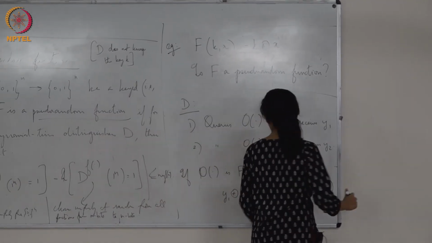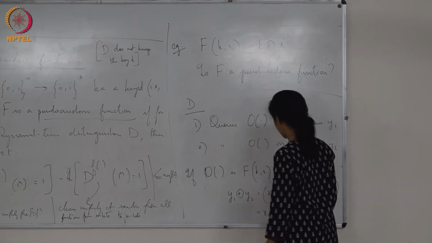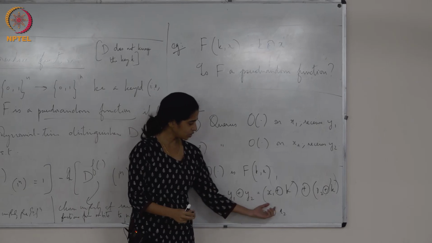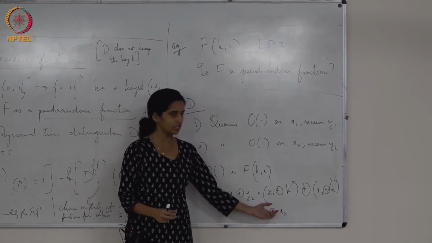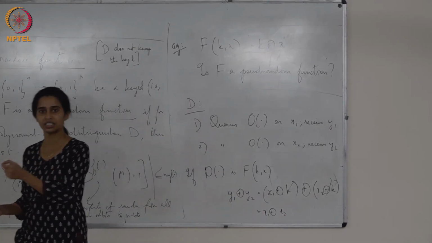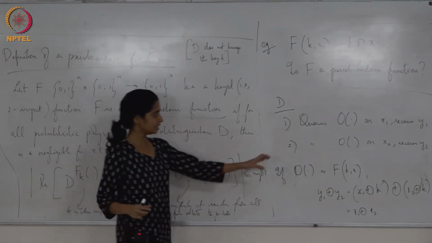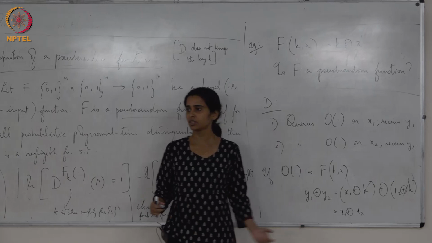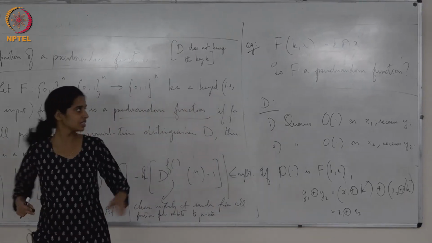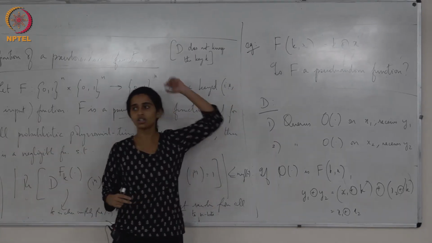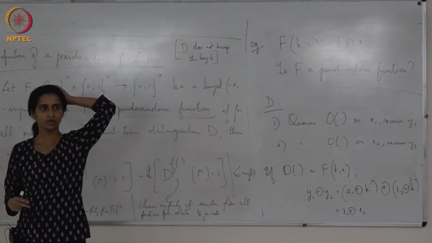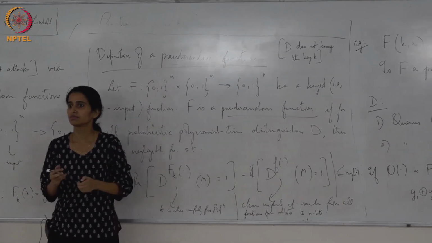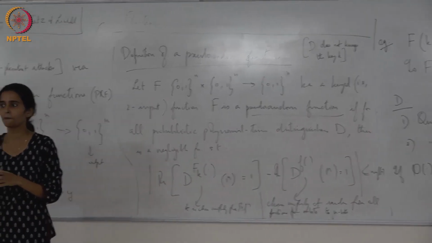So the event that y2 is exactly y1 XOR x1 XOR x2, this fixed string, will occur with probability 2 to the minus n. Whereas when O is this f, it occurs with probability 1. So this already shows us that this f is not a pseudo-random function. Is that making sense?